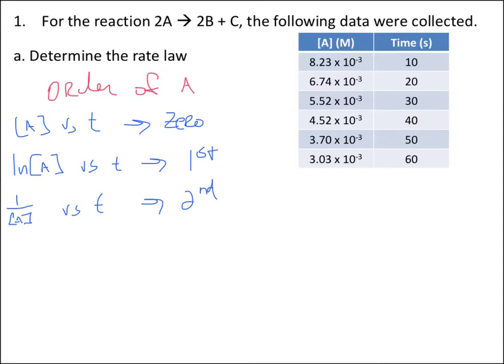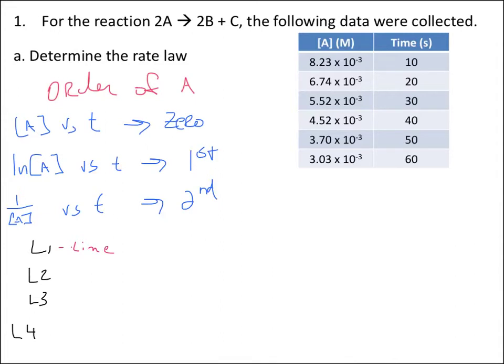This is where most people get stuck, because they've got a pretty complicated set of instructions to use. But essentially I'm going to create lists: list 1, list 2, list 3, and list 4. My first list is going to be my time, which I'll put into the calculator.